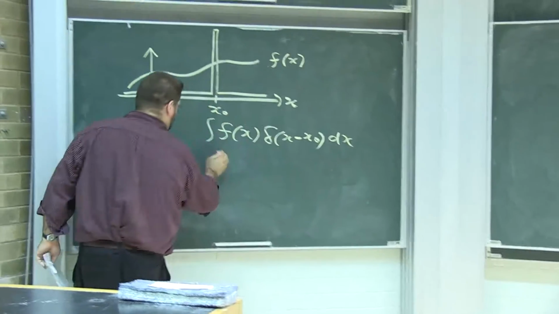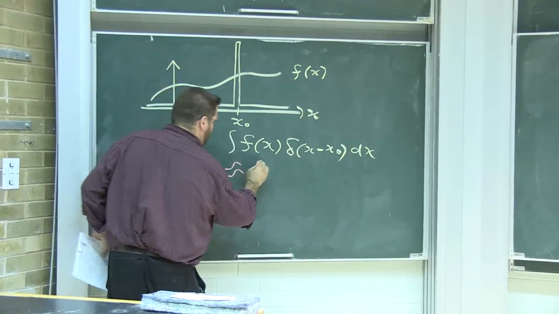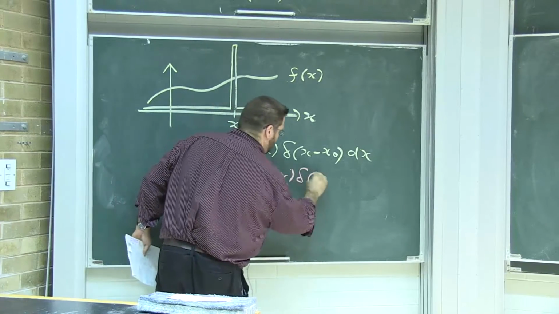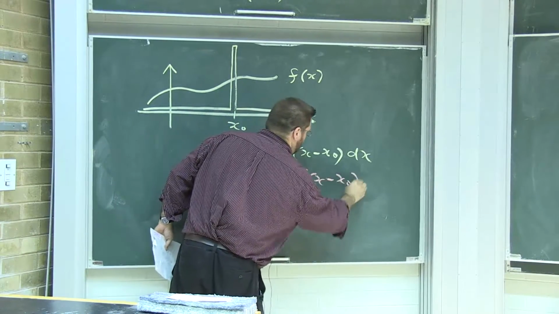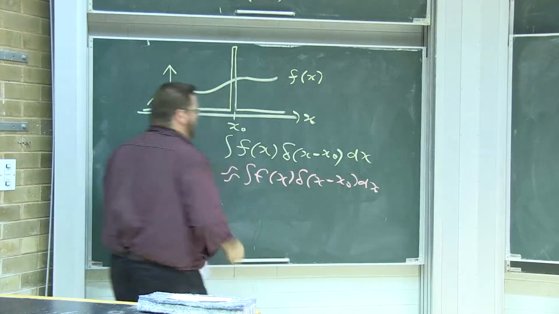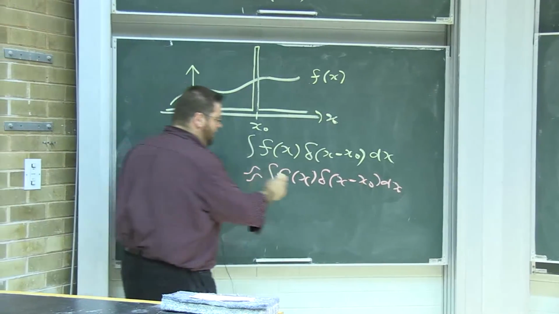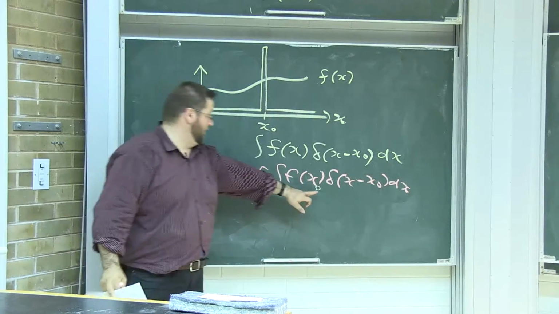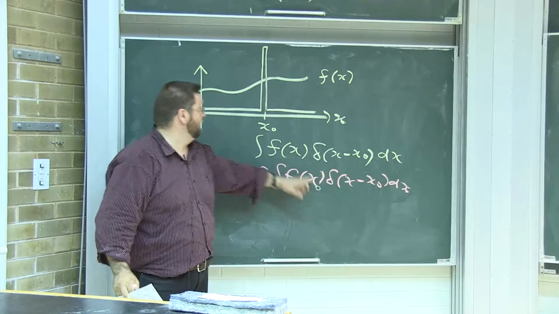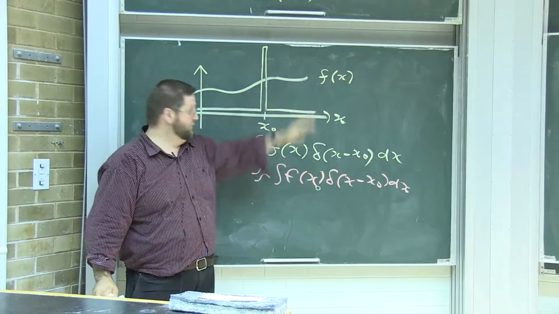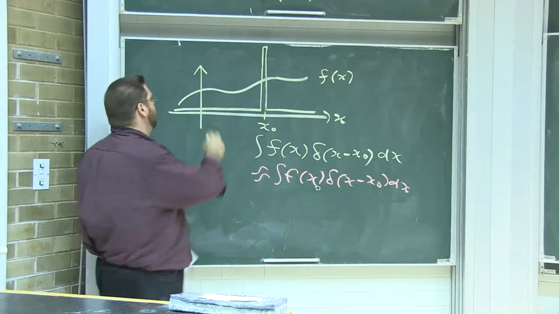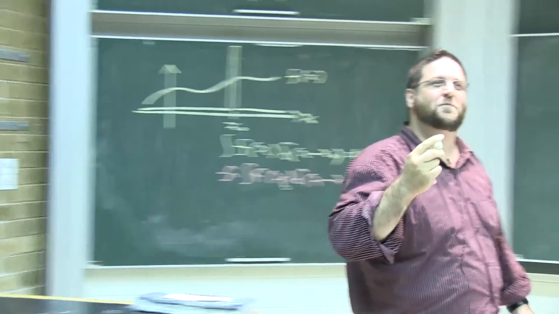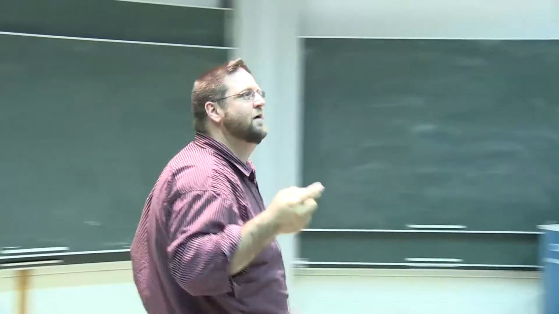How can I justify saying this is approximately equal to, I'm just writing the integral out again, how can I justify putting a naught subscript here? How can I justify replacing f of x? Here's a function f of x in its full glory. How can I replace this with f of x naught? Over to you.